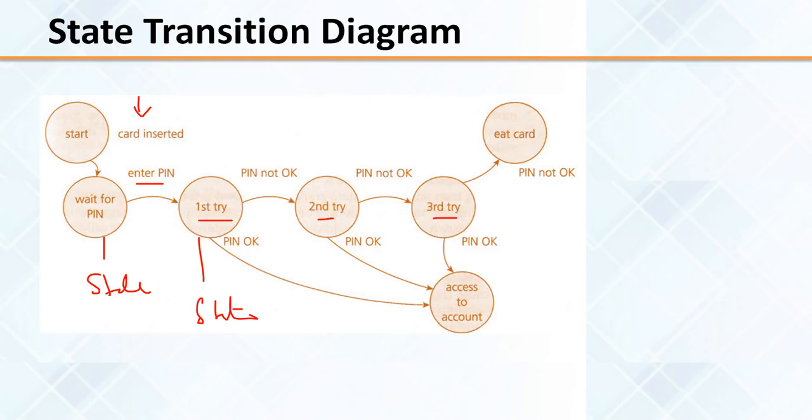If the first time the pin is not okay, then it will ask a second time. If the second time you enter the pin okay, then it will go to the account. If the second time is also not okay, then it will give you a third time. If the third time the pin is not okay, the card will be blocked. If the third time the pin is okay, then the account can be accessed.